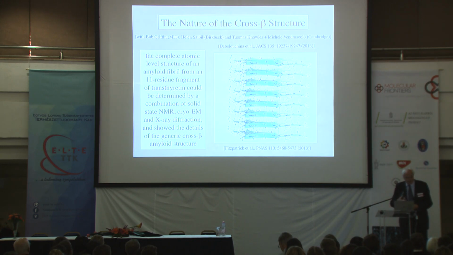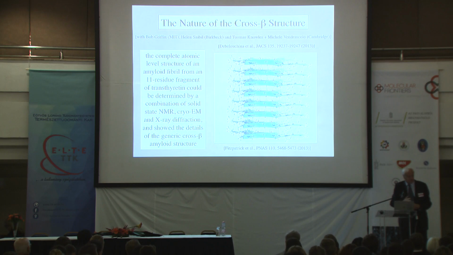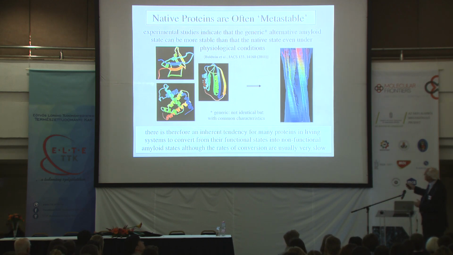So we realized that there were these very strong, highly ordered structures with these very strong hydrogen bonds. And we measured the stability of these fibrils, and we were astonished to discover that this, if you like, alternative generic state has similar characteristics for all proteins, varying depending on how the side chains pack in detail.